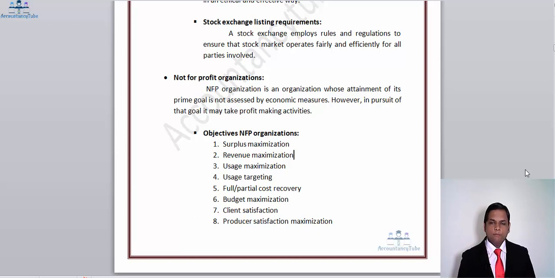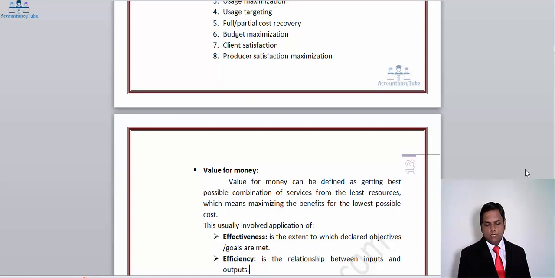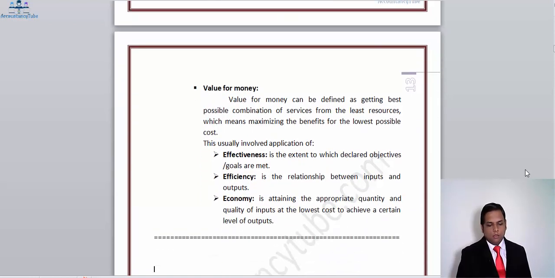After that, we have budget maximization, increasing the budget year by year for social welfare schemes. After that, we have client satisfaction. All the stakeholders and trustees of not-for-profit organizations need to be kept satisfied. If they do not see their funds benefiting society, they might not be encouraged to keep on funding the organization. Then there is product satisfaction maximization. Again, the students getting the education should be satisfied with the quality of what is being provided.